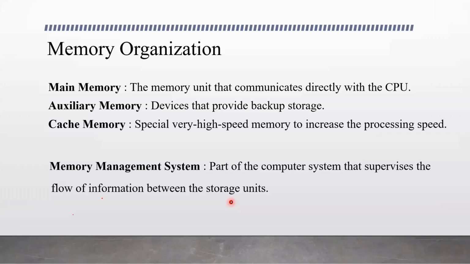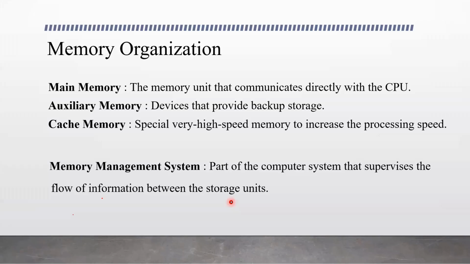We discussed in the last class that the DMA controller manages direct memory access. When the transfer is done between the IO devices and the memory directly, the unit that controls the operations is the DMA controller.